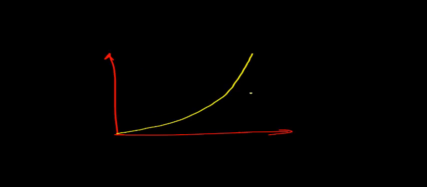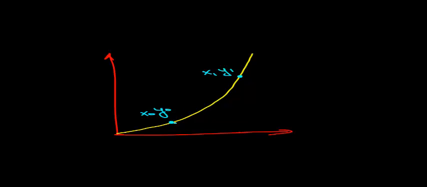Let's have our axis, let's have our graph, and we have been told to find the slope at this particular point, x0, y0. Let's take any random point x1, y1, and find the slope between these 2 points.